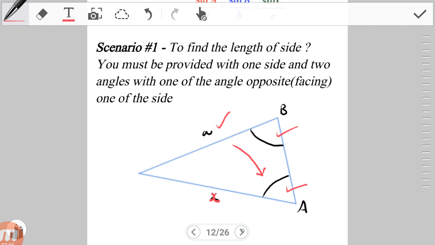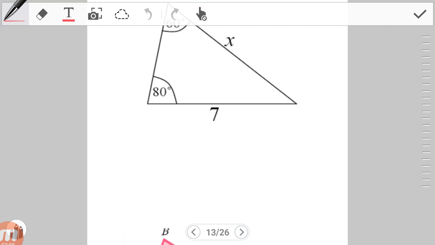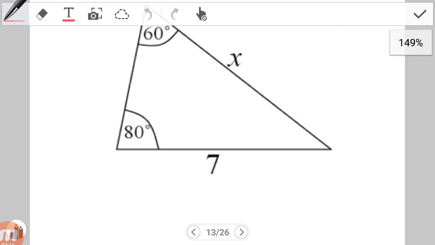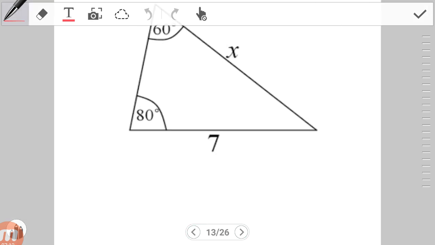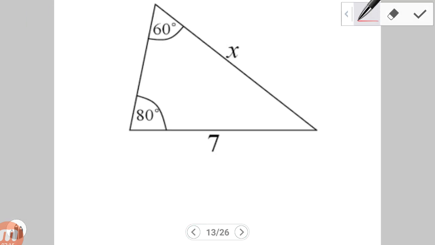Let's see if this can be matched to an actual question. Does the scenario for the sine rule match here? Let's see. We are looking for side X.